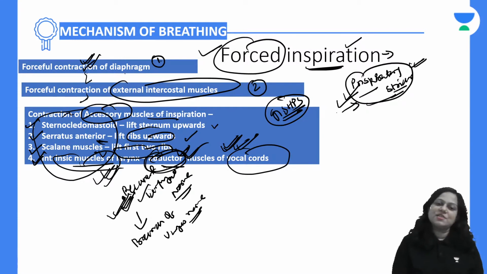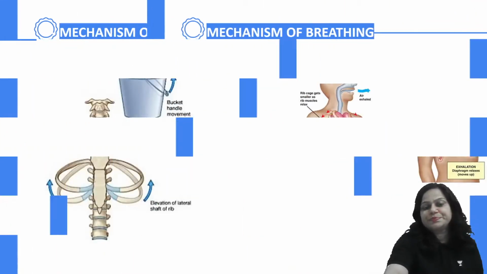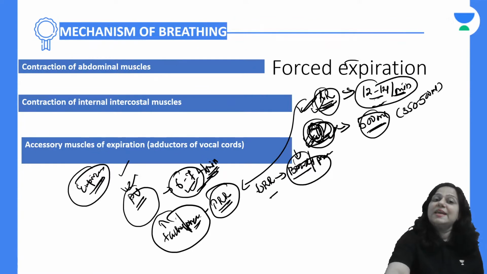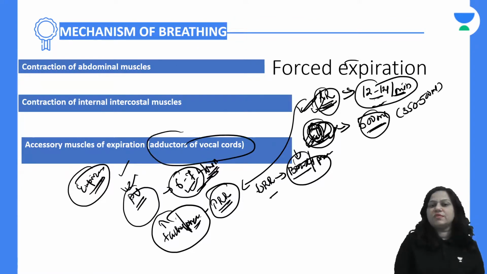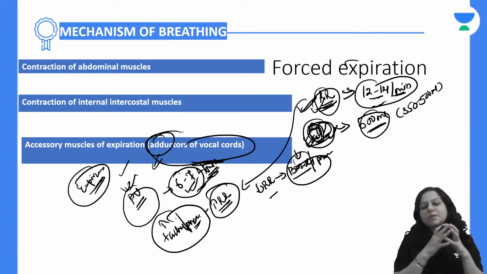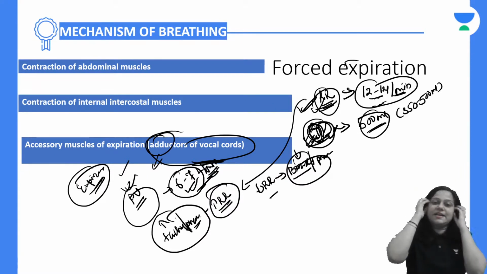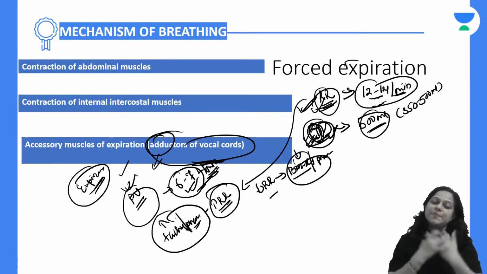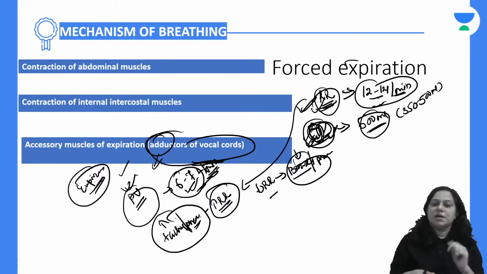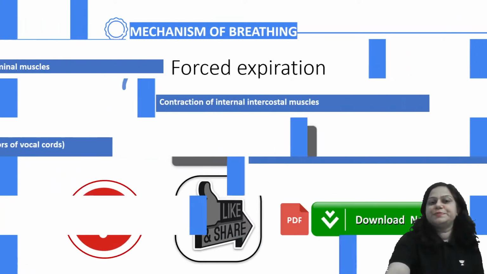Then in expiration, when the adductors of the vocal cords are paralyzed, it will cause aspiration pneumonitis, because they have a protective role. So if paralyzed, food or fluid can enter the trachea. So it can cause aspiration pneumonia or edema in the individual.